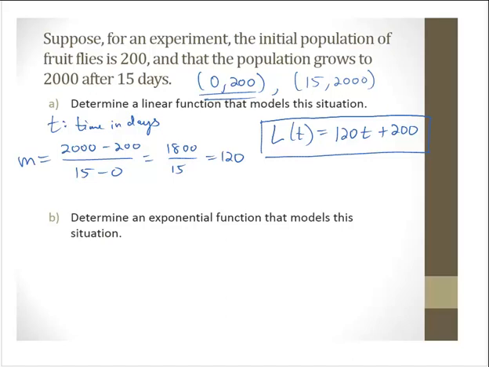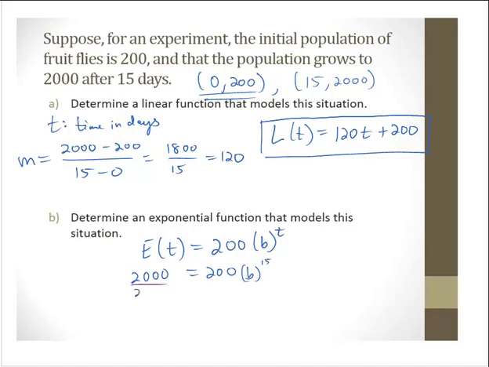Now, determine an exponential function. Again, if we let t represent the time in days, we have 0, 200, so I'll go with E of t. My exponential model would be 200 times b to the t. Now, using the other point, 15, 2,000, I would have 2,000 equals 200 b to the 15th power.